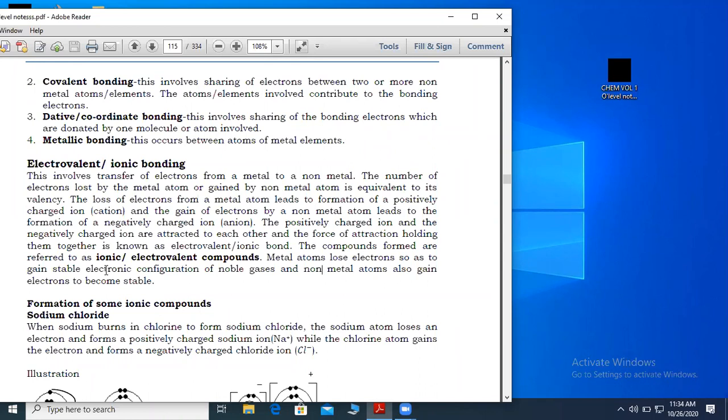So compounds formed by ionic bonding conduct electricity. Then they have high boiling and melting points.